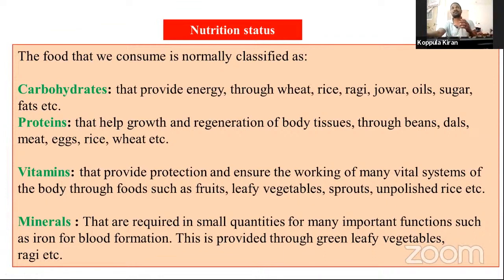With iron deficiency, automatically one becomes unhealthy. So everyone should take this nutritious food every day. Otherwise, it leads to ill health and physical deficiency.